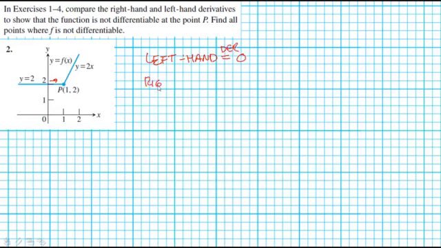The right hand derivative is equal to 2 because it's linear, and all of the slopes along that linear segment are going to be 2. Again, the two derivatives don't match. Therefore the derivative at p does not exist. We say that it's not differentiable at p.